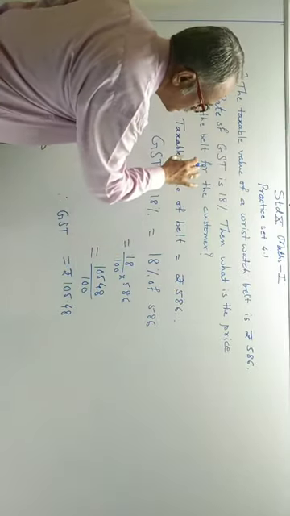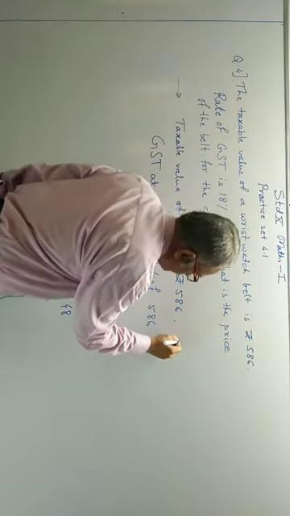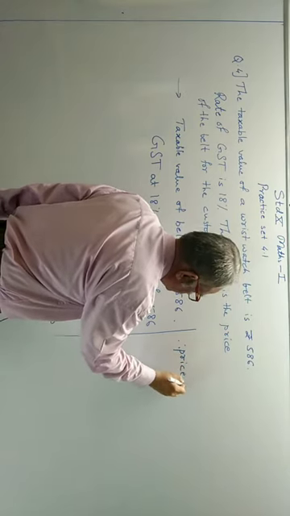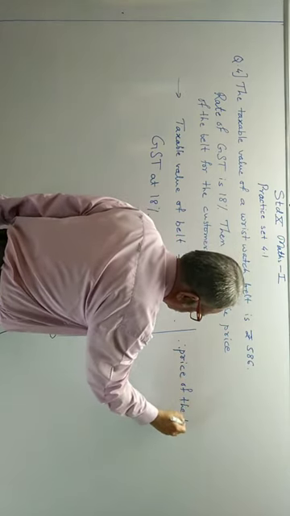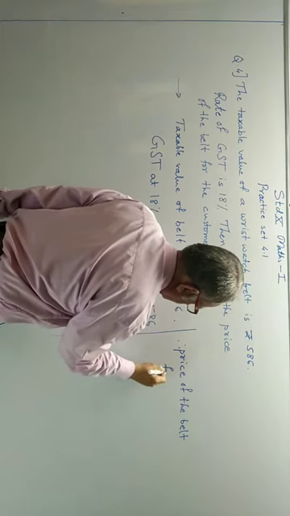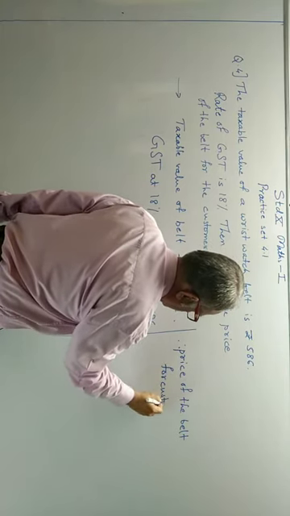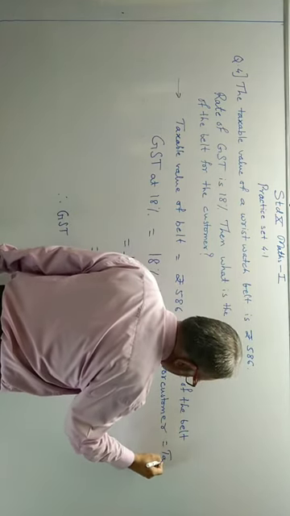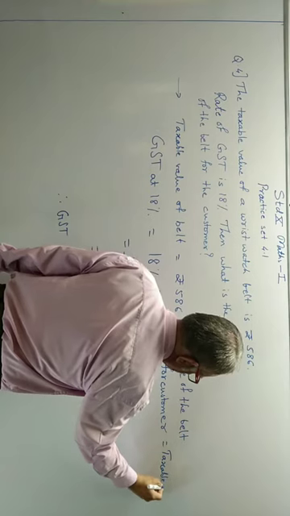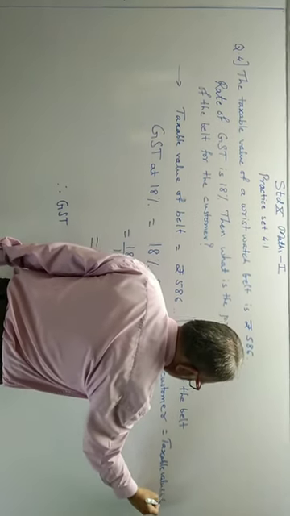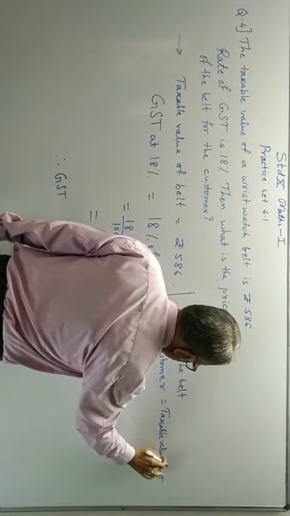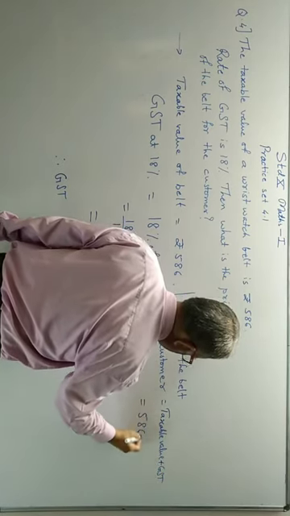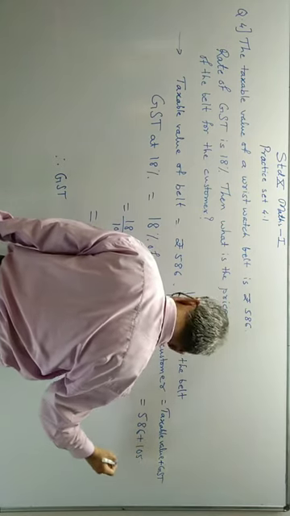Therefore, price of the belt for customer is equal to taxable value plus GST, that is 586 plus 105.48.